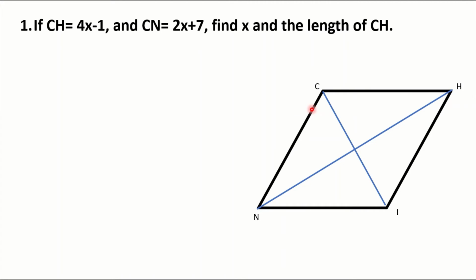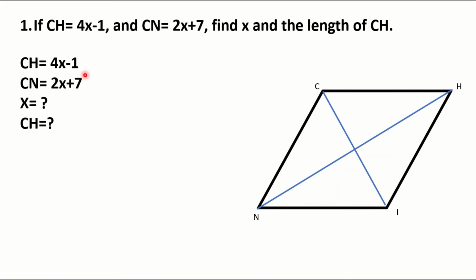Last number, if CH is 4x minus 1 and CN is equal to 2x plus 7, find x and the length of CH. So, ito yung nawawala, CH. No? So, our given is CH, 4x minus 1, CN is 2x plus 7.